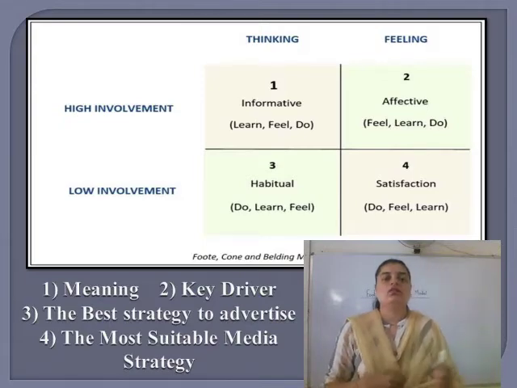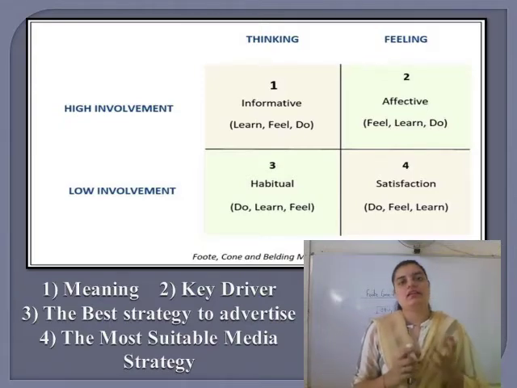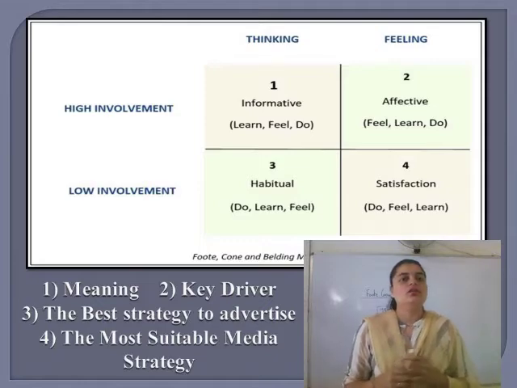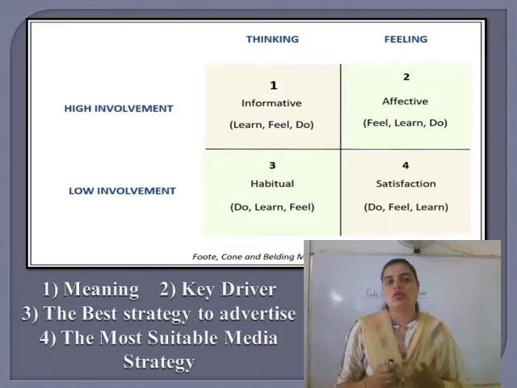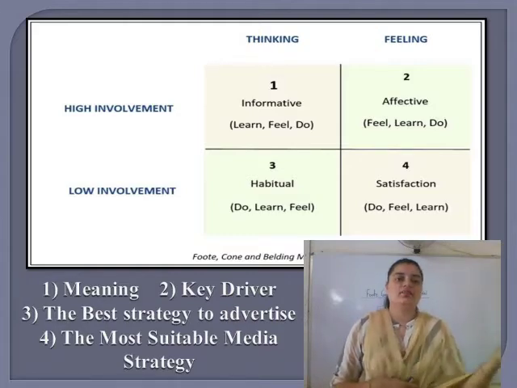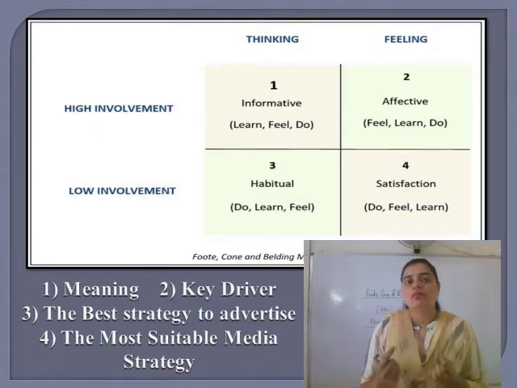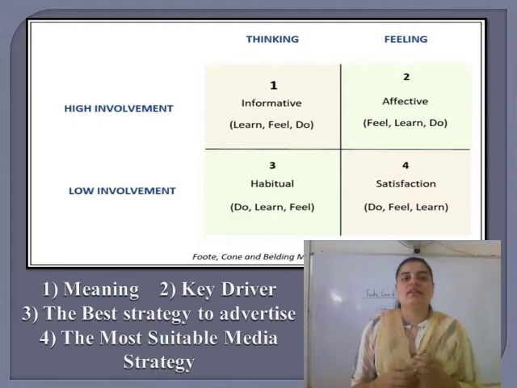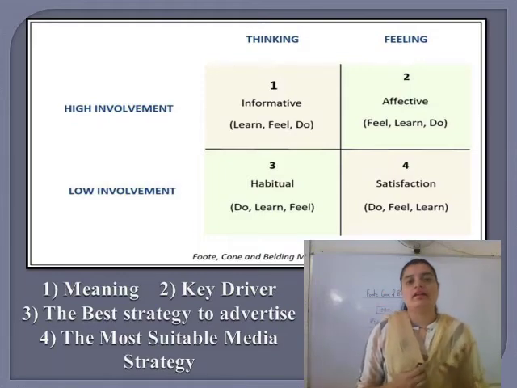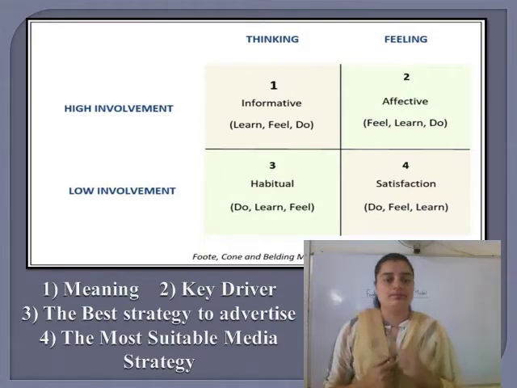For example, if we take an insurance product, while choosing an insurance product there will be high involvement of the customer. Also, the thinking and investment in financial terms are very important to deal with, and that is why we can say that an insurance product will be the ideal example for quadrant number 1.